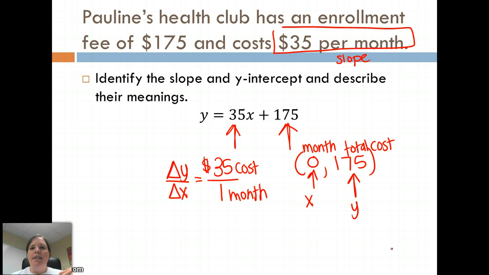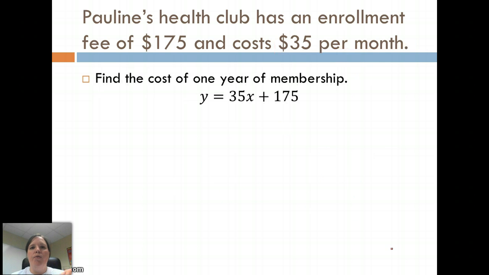So why do we worry about making an equation, interpreting these things? The main idea, and we'll use this going forward, is that from this we can make predictions. We can use it to say, okay, 5 years from now, how much is it going to cost in membership for Pauline if she keeps on this same path? So for 1 year of membership, we'll think about what X represents. X represents the number of months, so make sure you're considering your units here.